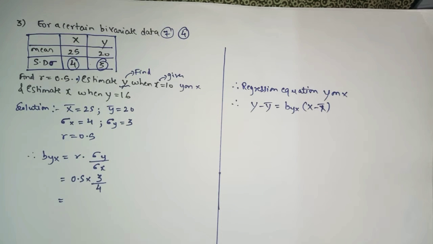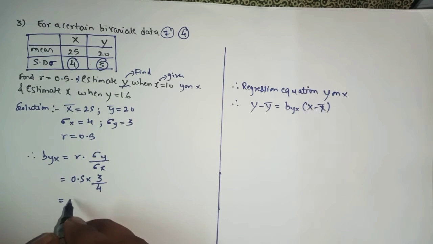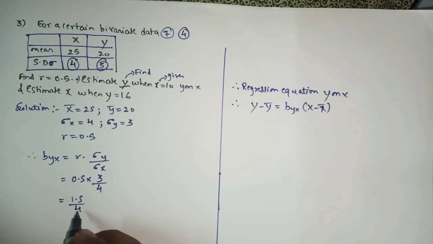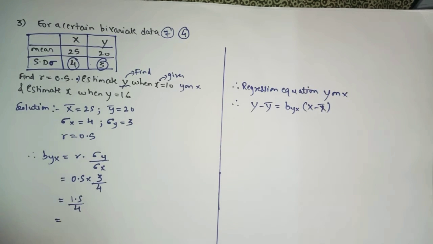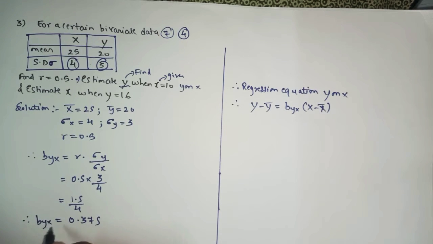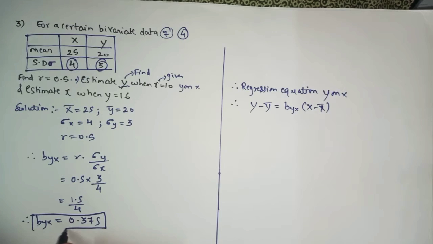So 0.5 into 3 is 1.5. So 1.5 divided by 4, the answer will be 0.375. So here we got byx as 0.375.